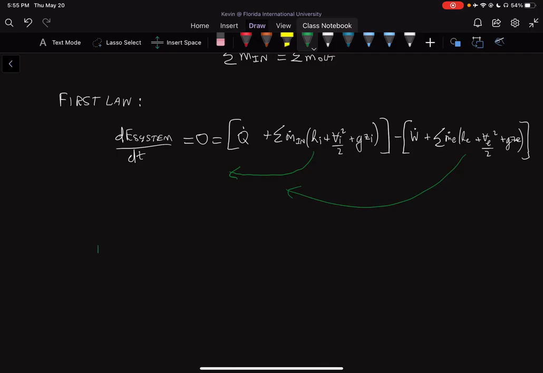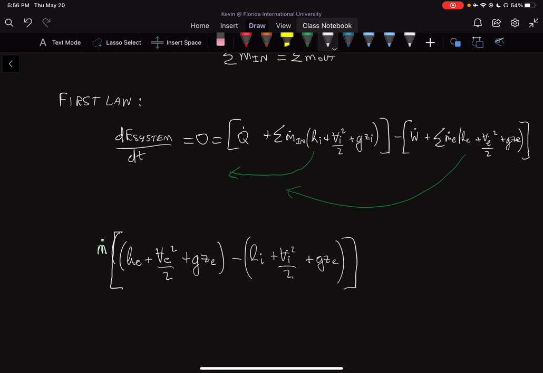So we're going to have that m dot, all multiplied by (he plus ve squared over 2 plus gze, minus hi plus vi squared over 2 plus gzi), is equal to Q dot minus W dot, okay?